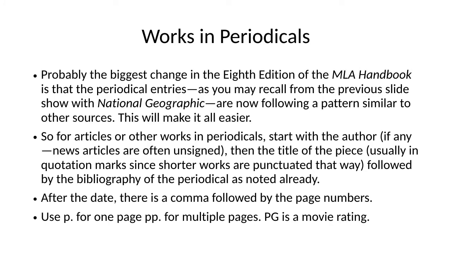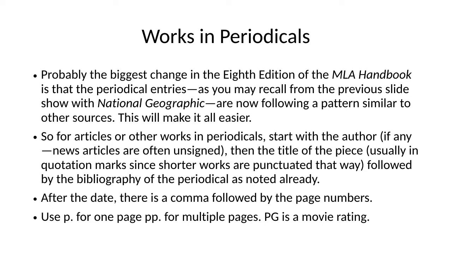Probably the biggest change in the 8th edition in 2016 of the MLA Handbook is that periodical entries are now following a pattern similar to other sources. This will make it all easier. So for articles in other works in periodicals, you start with the author. Now, news articles are often unsigned.